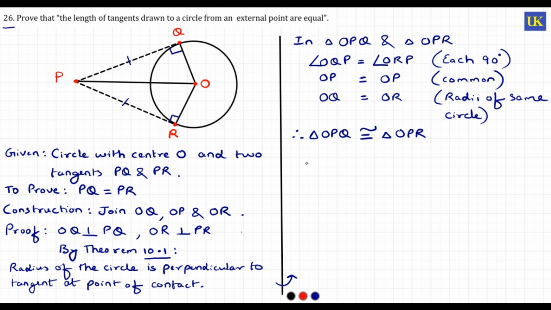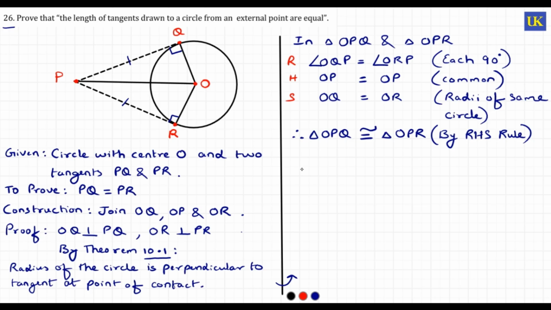We can say this with the RHS congruency rule, because this is a right angle, and this is the hypotenuse, opposite side of the right angle, and this is one side. So by the RHS congruency rule, we can say that both the triangles are congruent.